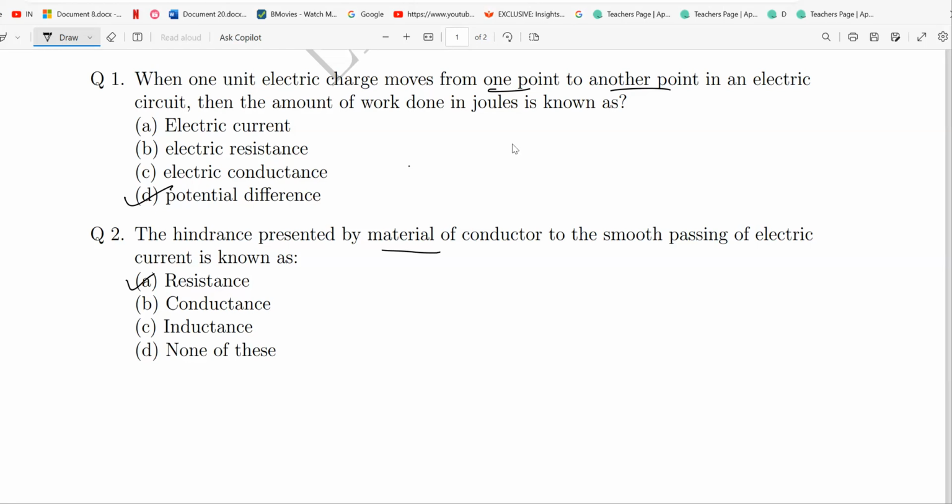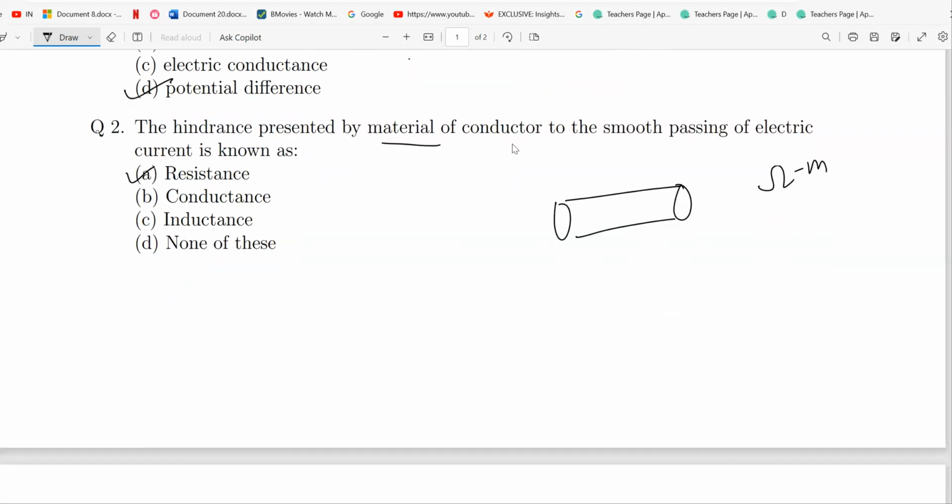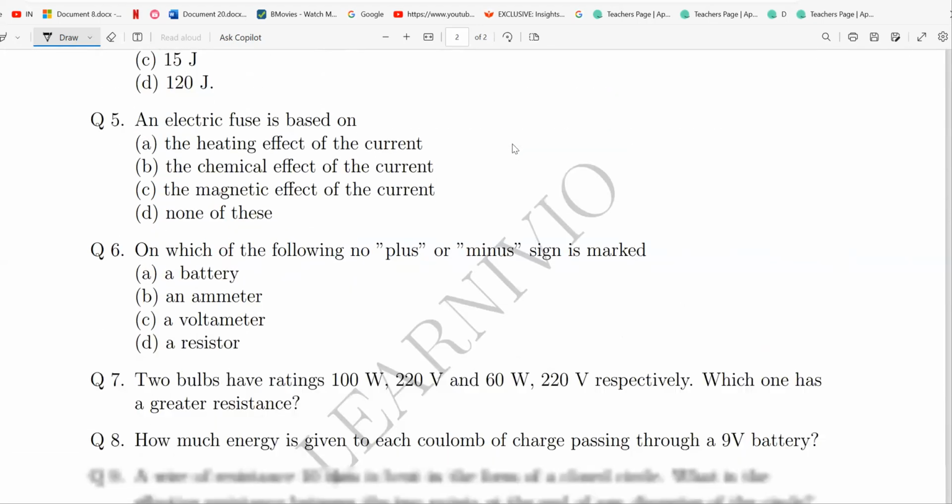Resistivity is also the resistance of a conductor having a cross-section area of 1 meter square and length of 1 meter, so it is also a type of resistance. Its unit is ohm meter. So if the option is given as resistance, don't go through the resistivity. Okay, sir.